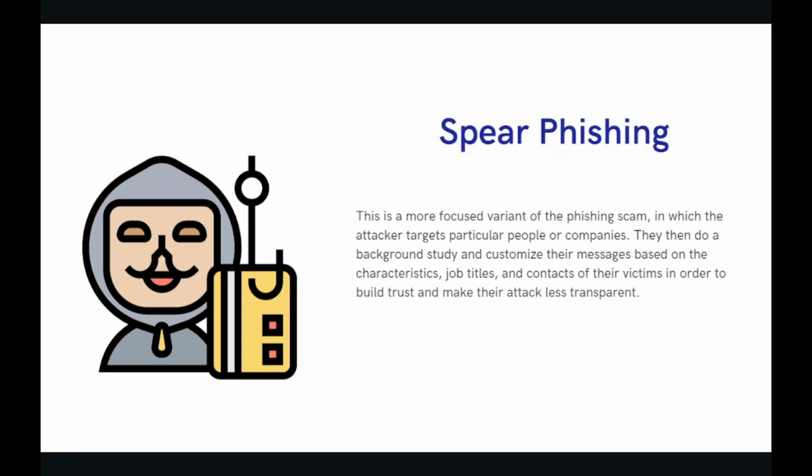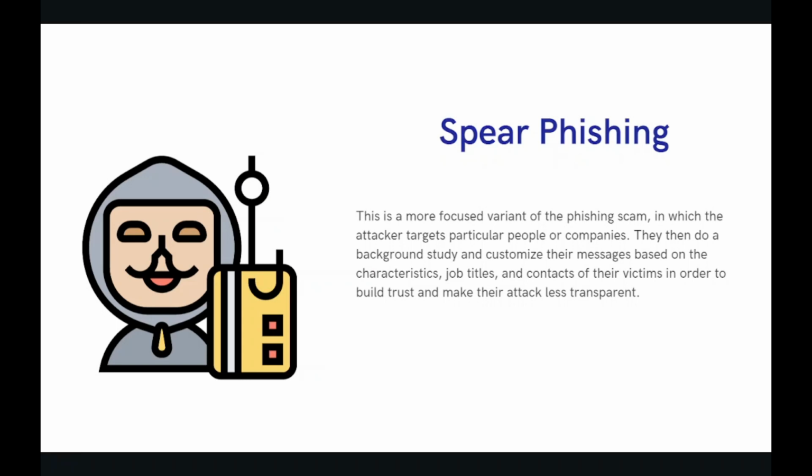By using this information, the attacker can create an email or other communication that appears to be from a trusted source, such as a colleague, a client, or a vendor. The message may contain personalized information such as the target's name, job title, or recent activities in order to build trust and make the attack seem more legitimate.